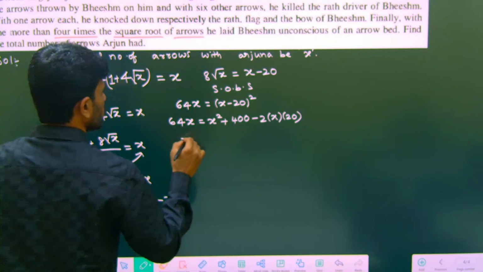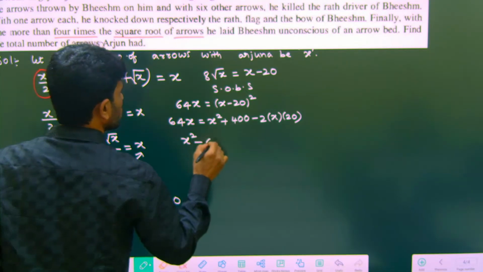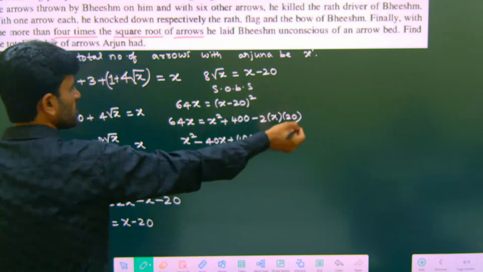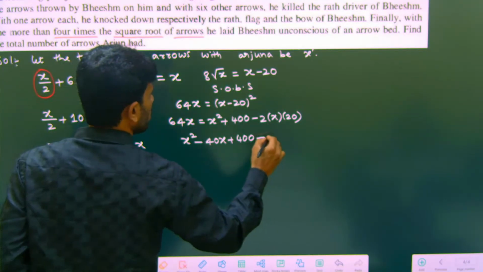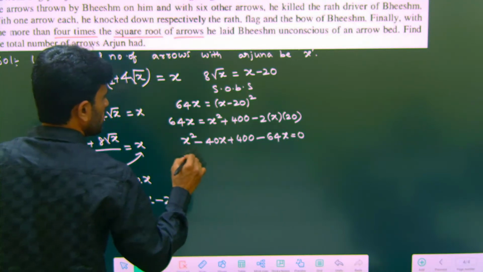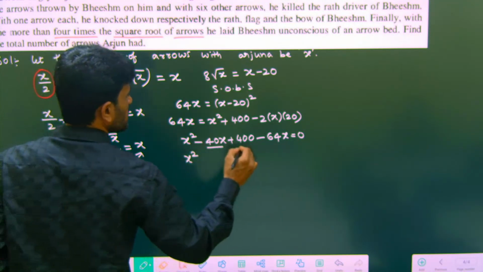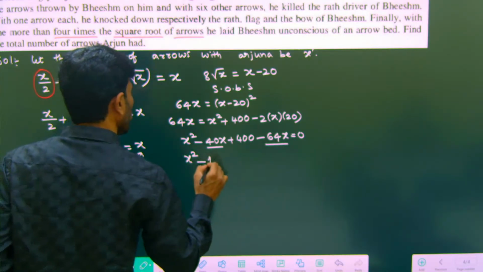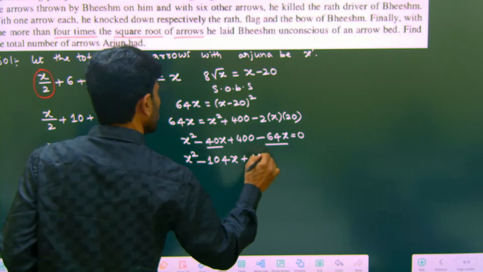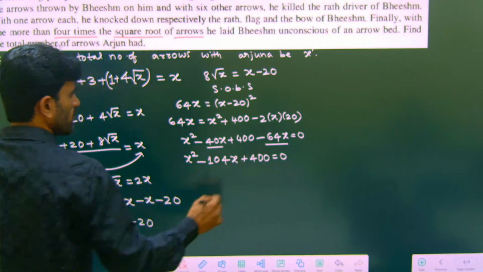So which is x square minus 40x plus 400. The 64x also you have to transfer that side to become minus 64x is equal to 0. So finally it is x square minus 40x minus 64x, minus 104x plus 400 is equal to 0. This is our quadratic equation.